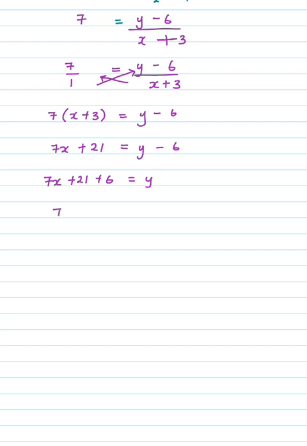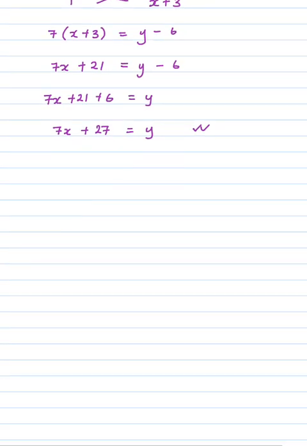So this becomes 7x plus 27 is equal to y. This becomes the other equation. If you look at it, it's the same as the one we got before, y is equal to 7x plus 27. So this one and this one are the same.